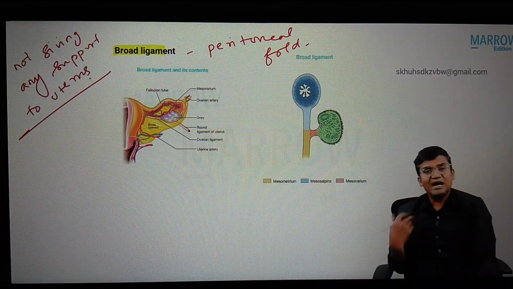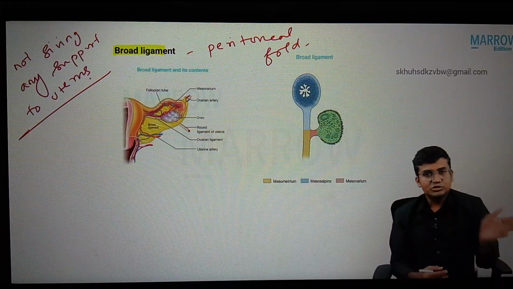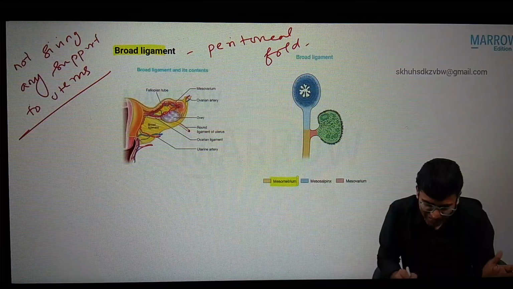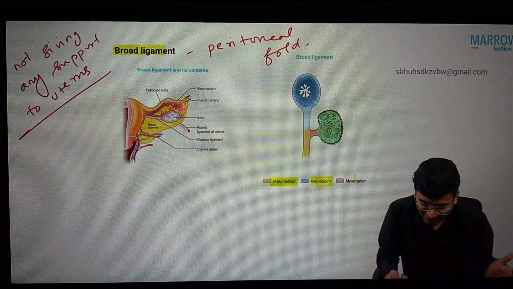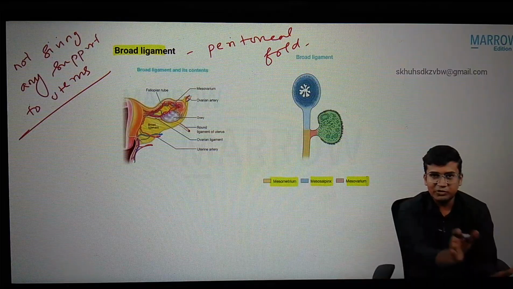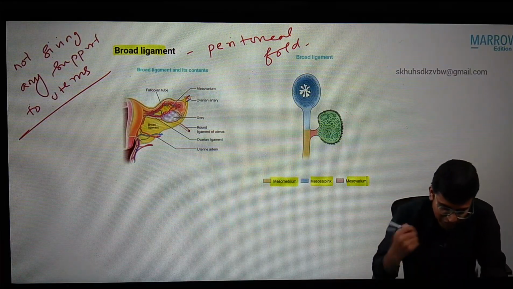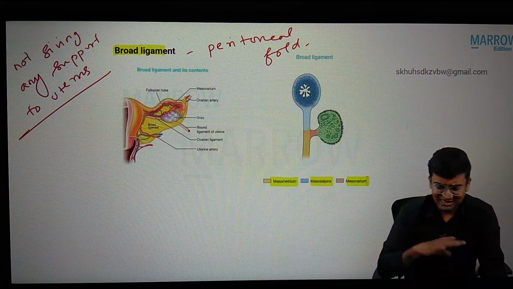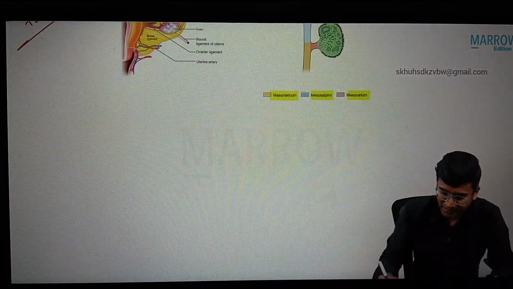Now what are the parts of the broad ligament? The broad ligament has three parts: mesometrium, mesosalpinx, and mesovarium, for the uterus, the fallopian tube, and the ovary. These are the three parts of the broad ligament.